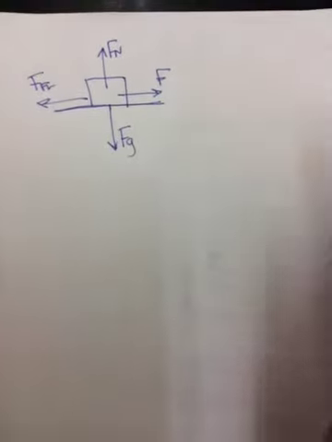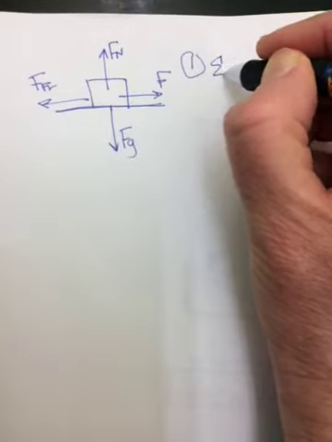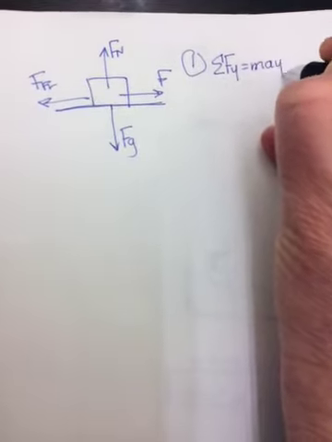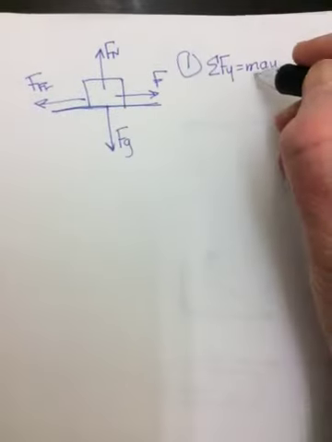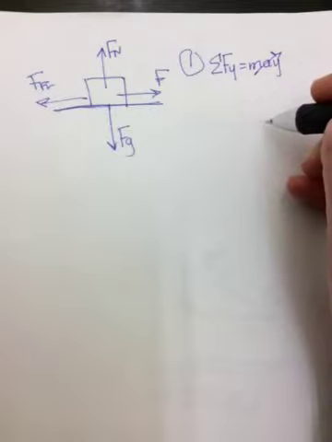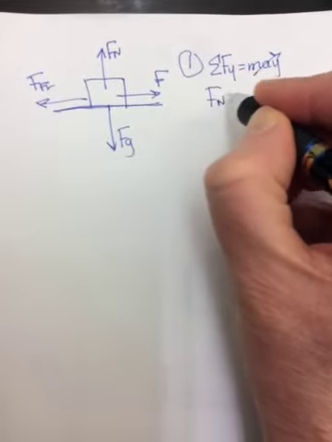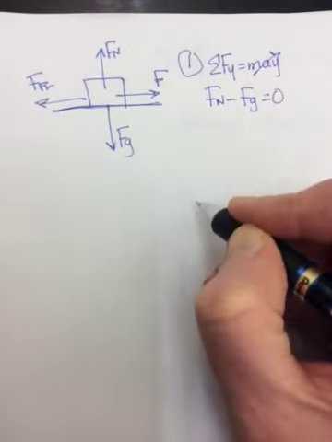So we put in all our forces, and then there are 3 steps to doing these problems. One step is doing the sum of the forces in the y direction. If this box sitting on the surface isn't moving in the y, then ma_y will be 0. And what are the forces? An Fn going up, an Fg going down. Usually we call down negative.